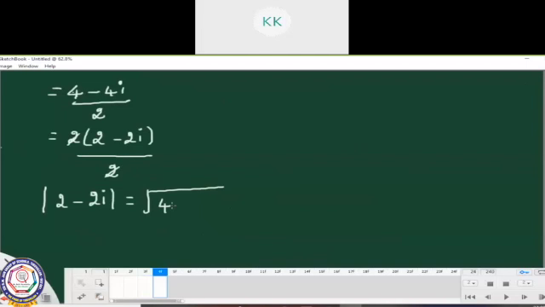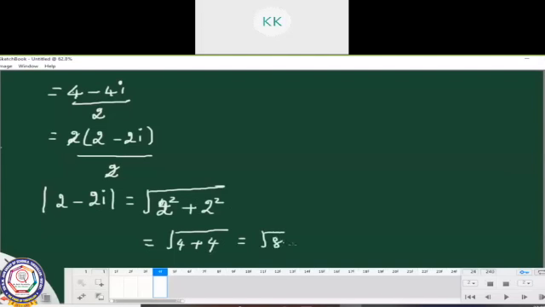You can take 2 commonly out: 2 minus 2i by 2. So 2 gets cancelled. What is the modulus of 2 minus 2i? It gives root of real value square plus imaginary value square, that is 2 square plus 2 square, 4 plus 4, root 8.